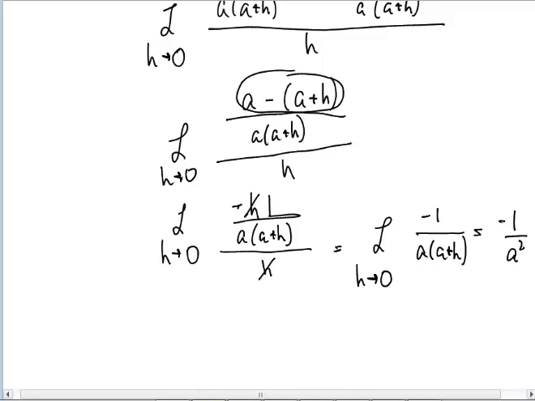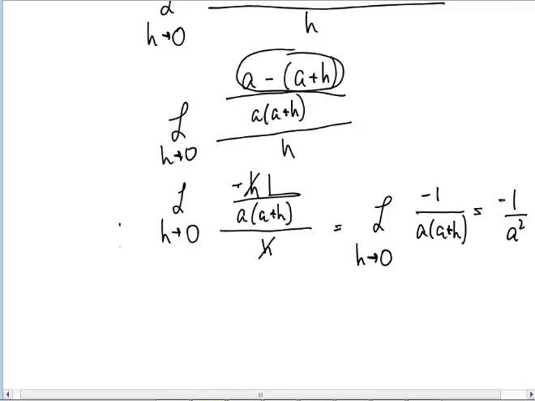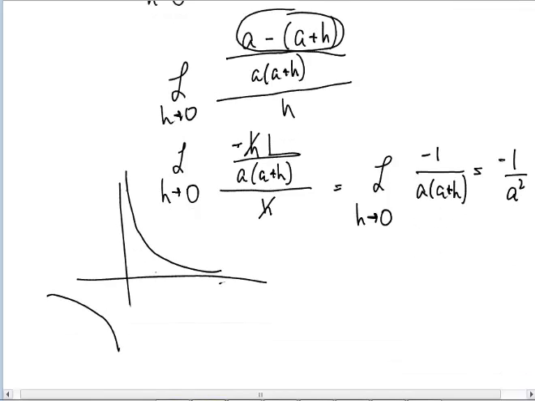What does this mean? Well, if you look at a picture of a hyperbola, it looks like this. So if a equals 1, when I plug 1 in, your slope of your tangent line is equal to negative 1 over 1.